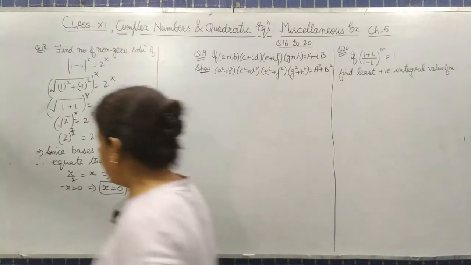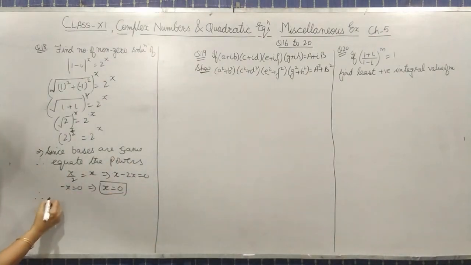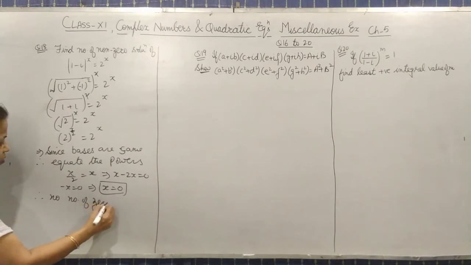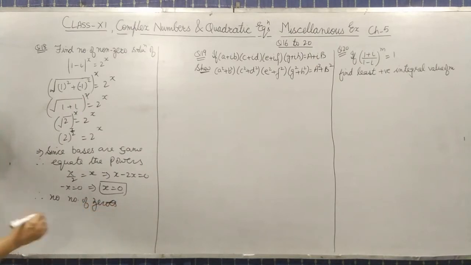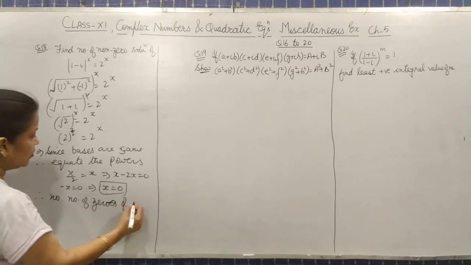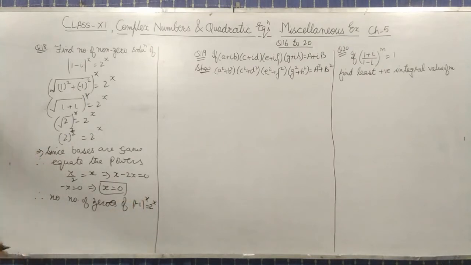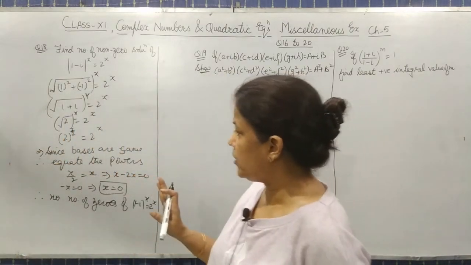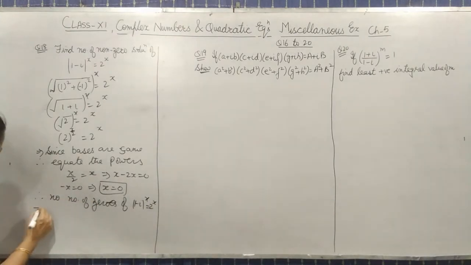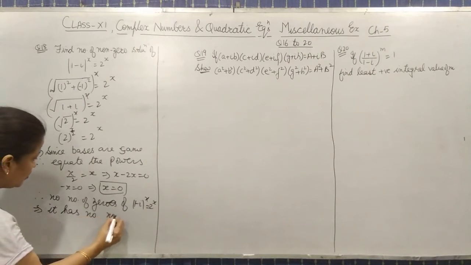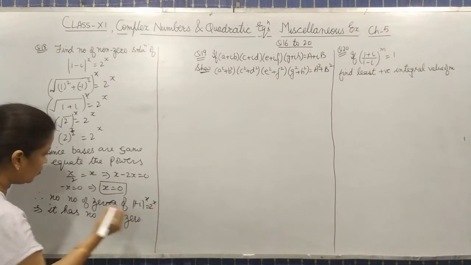Therefore, the number of zeros of 1 minus iota power x equal to x means it has no non-zero solutions.